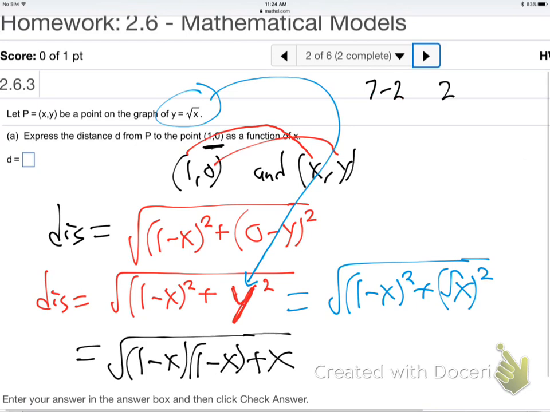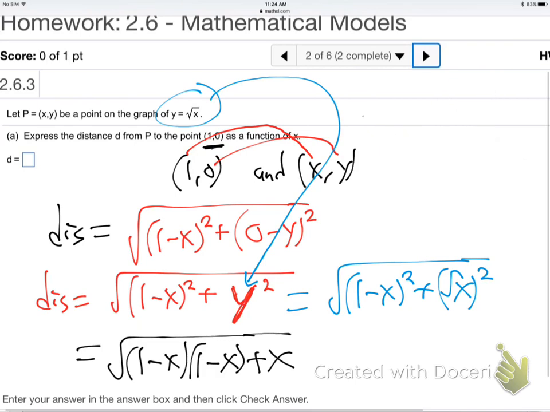Is 7 minus 2 any different than 2 minus 7? And remember, they're squared, right? So is that going to actually matter? Well, this would be 5 squared, and this would be negative 5 squared. So in the end, they're both going to be 25. So good question, the answer is that it doesn't matter. The order of subtraction, when something's squared, doesn't matter. So that's why it makes no difference.